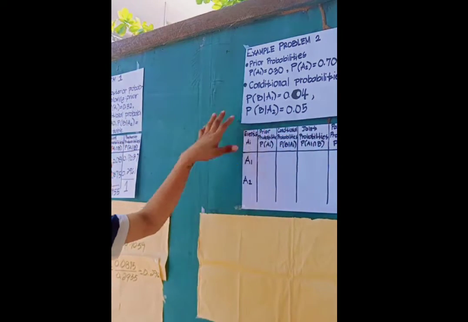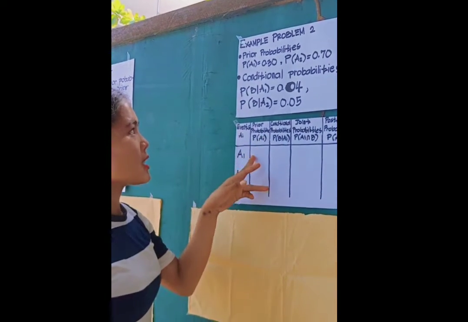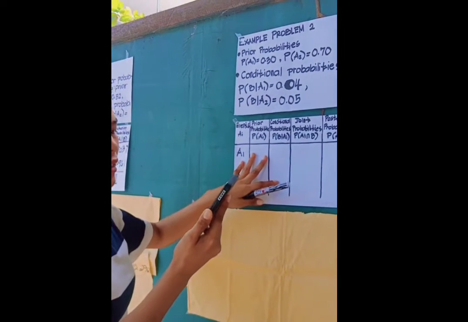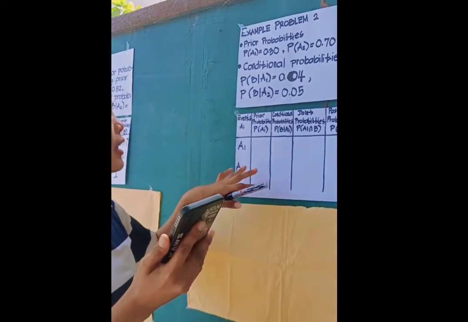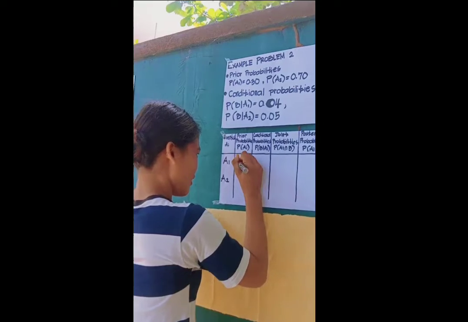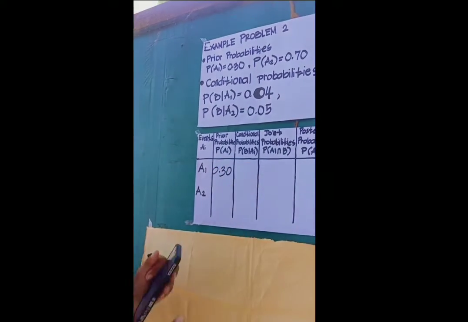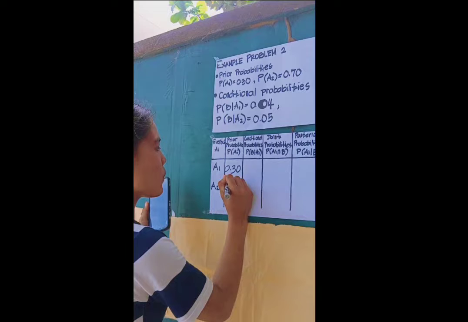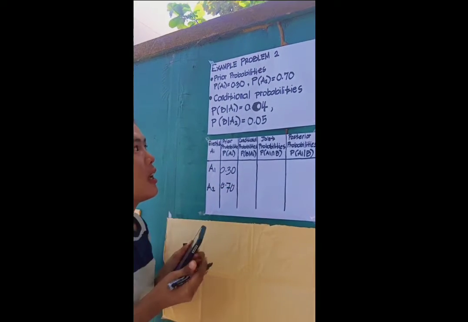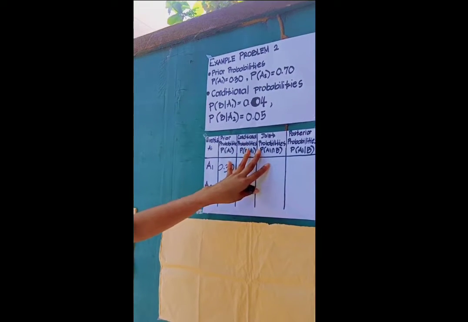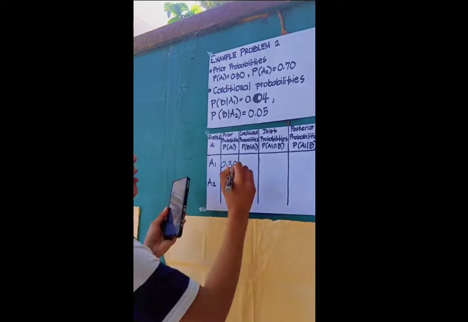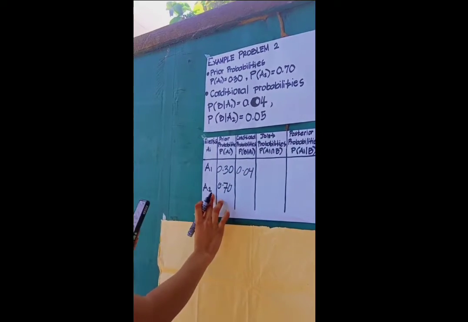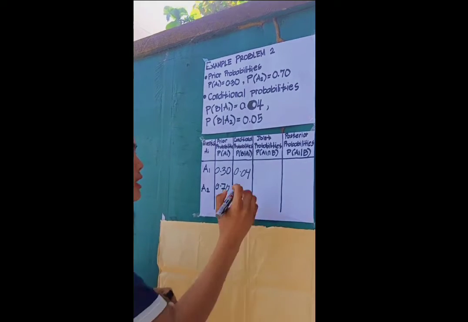Then, the prior probability of E sub 1 is 0.30. Then the E sub 2 is equal to 0.70. The conditional probability of E sub 1 is 0.04. Then the E sub 2 conditional probability is 0.05.